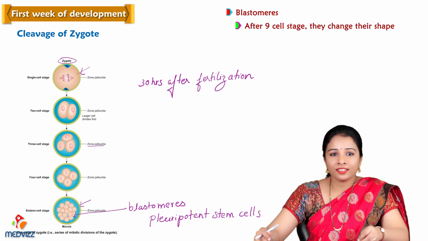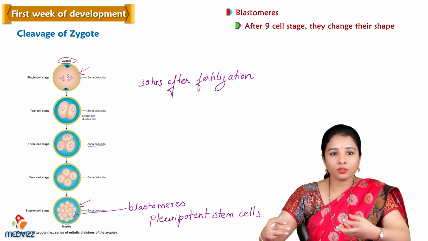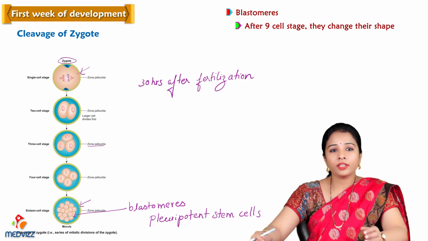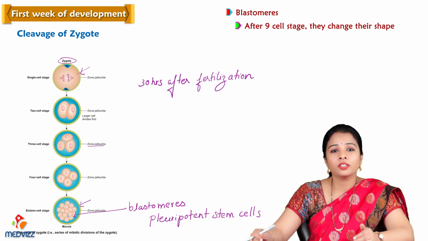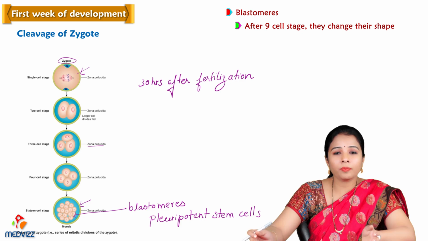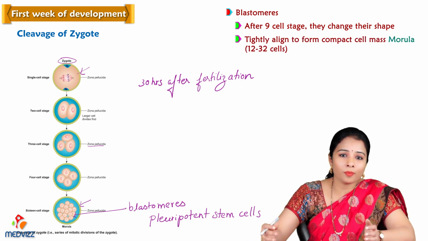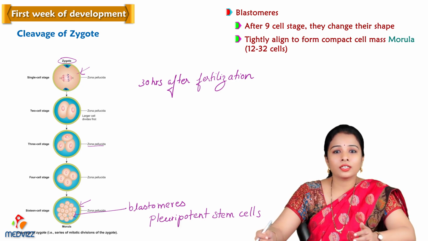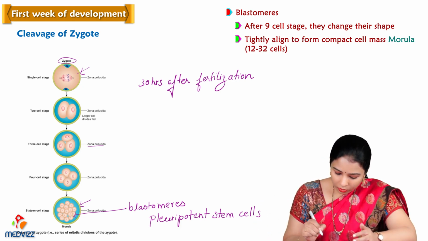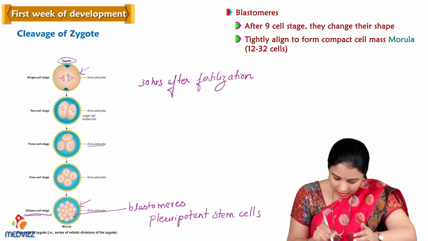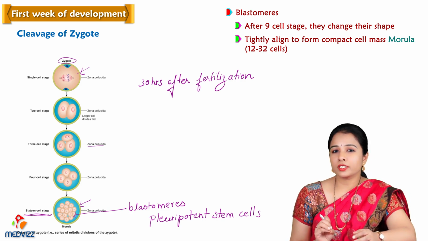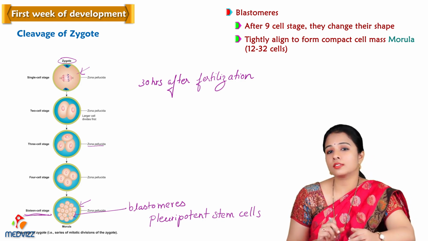When the blastomeres divide and form a 9-cell stage, they change their shape and tightly align themselves against each other, forming a compact cell mass containing around 12 to 32 cells. Here we have written 16 cell, but it is not so specific to say 16 cell.